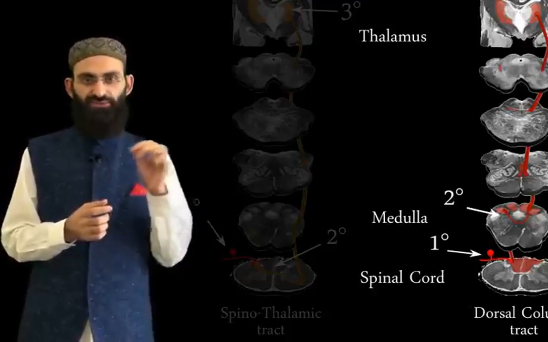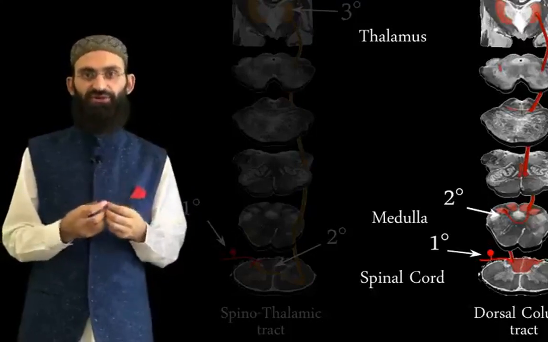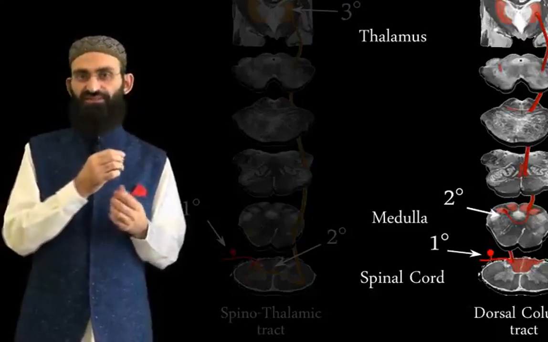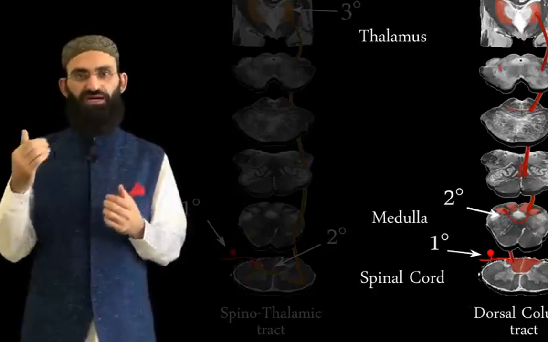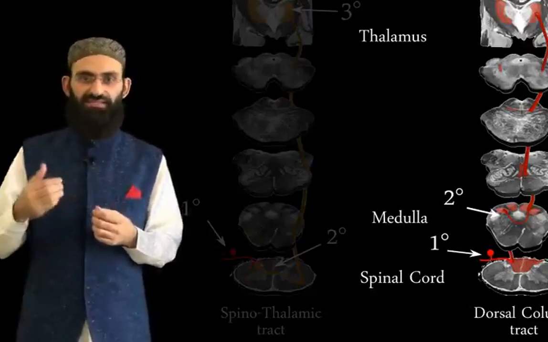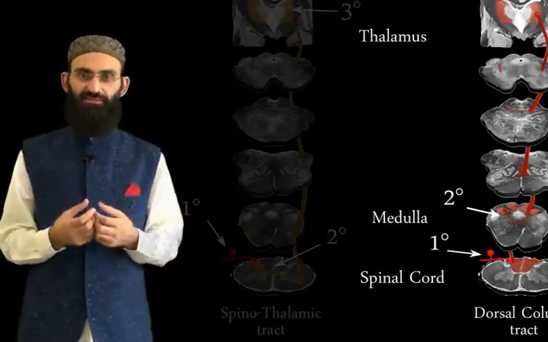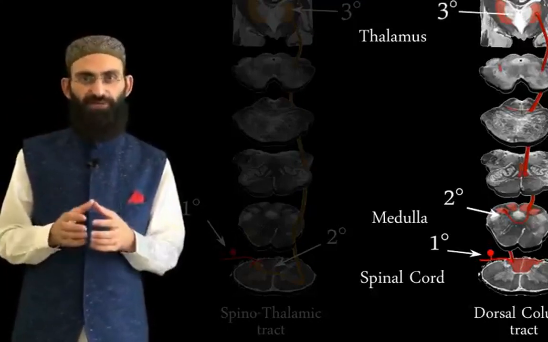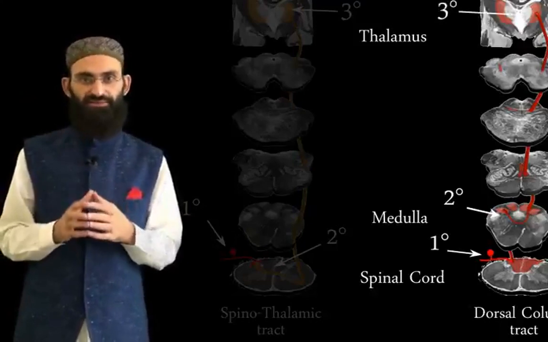So neurons in these two nuclei form second order neurons, and then axons of these neurons cross the midline, go to the other side and then ascend as the medial lemniscal pathway. Again, the third order neurons of this pathway are located in the thalamus.